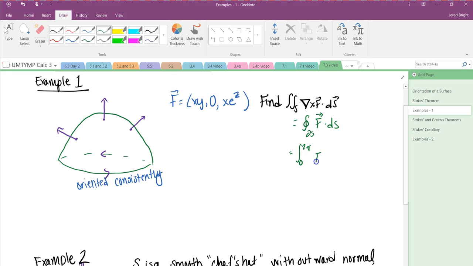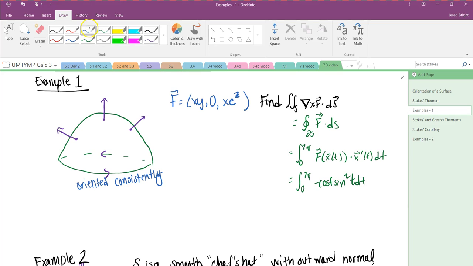So if we look at f of x of t dotted with x prime of t dt, what we end up with, and I'll let you verify this, is negative cosine t sine squared t dt.